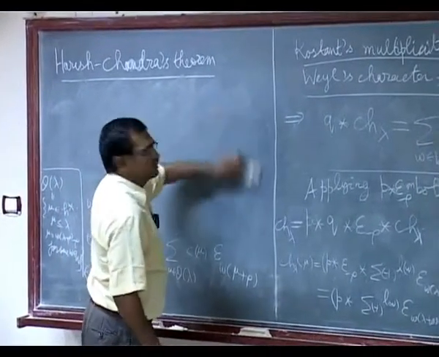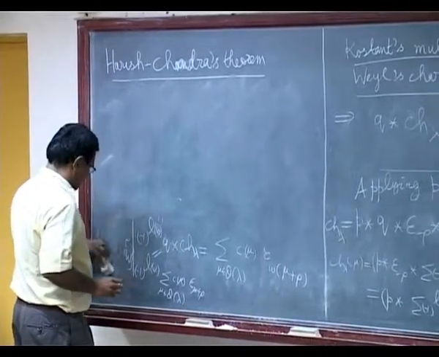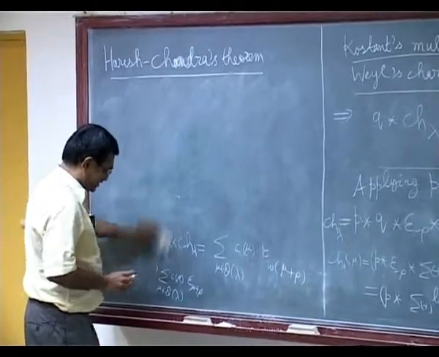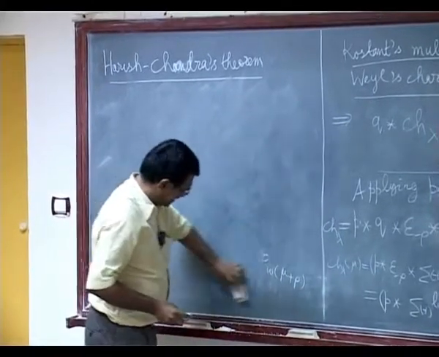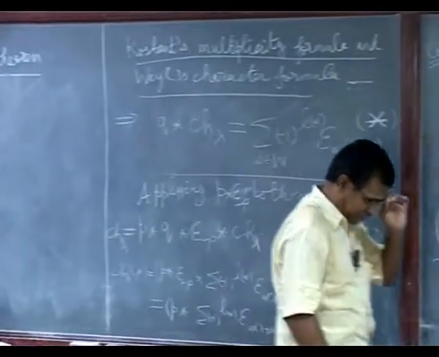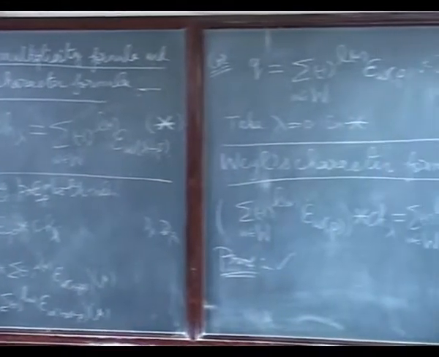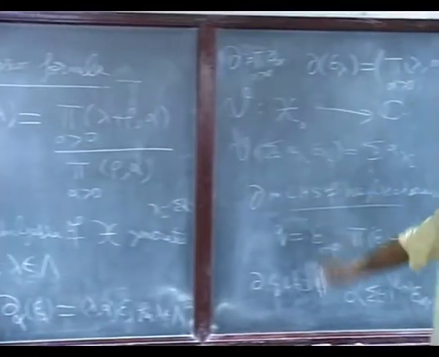So, I think I have time, I can talk about Freudenthal's formula and Steinberg's formula, but since in the beginning I was saying that I want to concentrate on Kostant's multiplicity formula and Weyl's character formula, I am obliged to say one more thing about the Weyl's character formula.